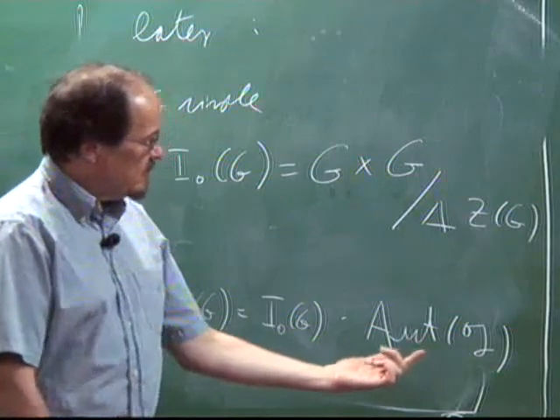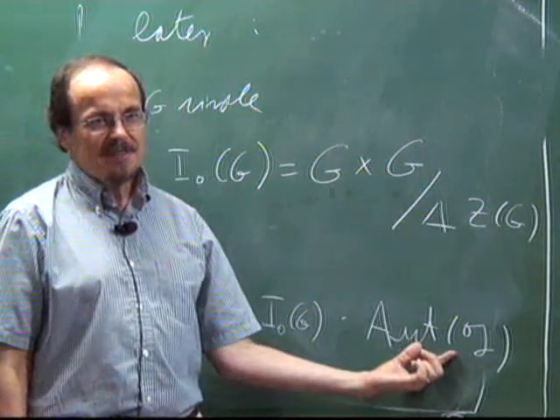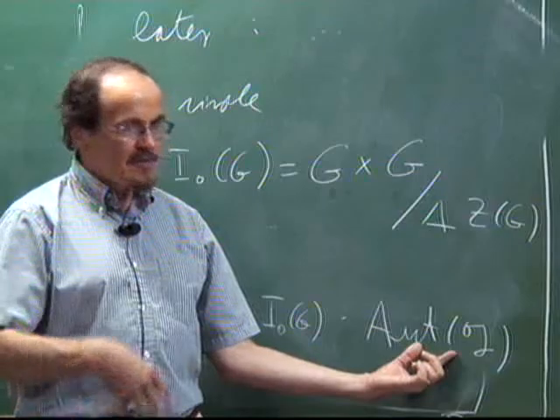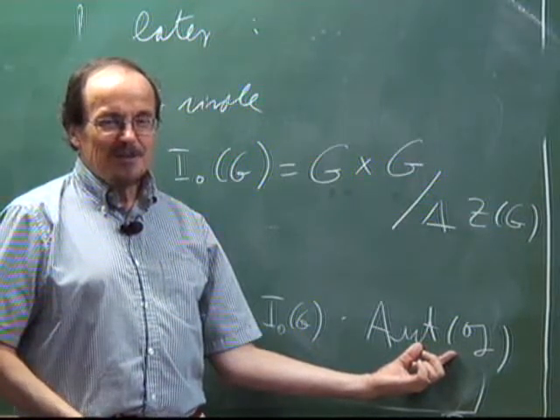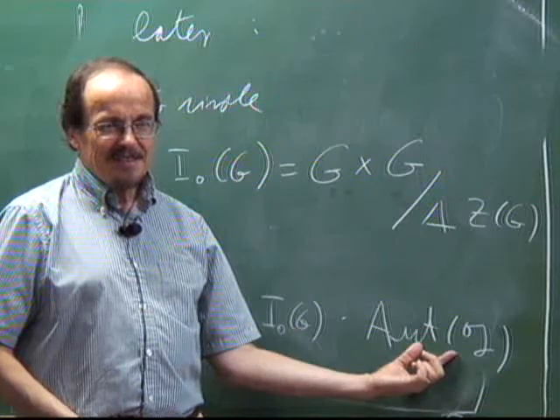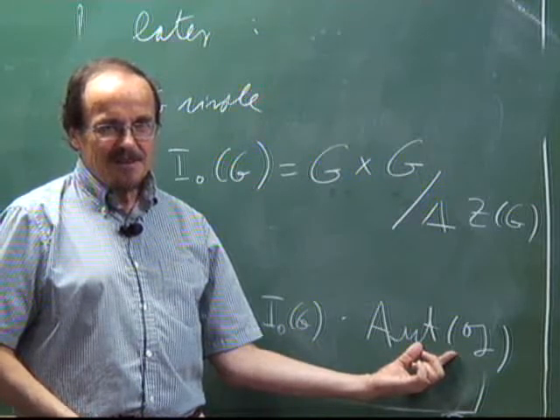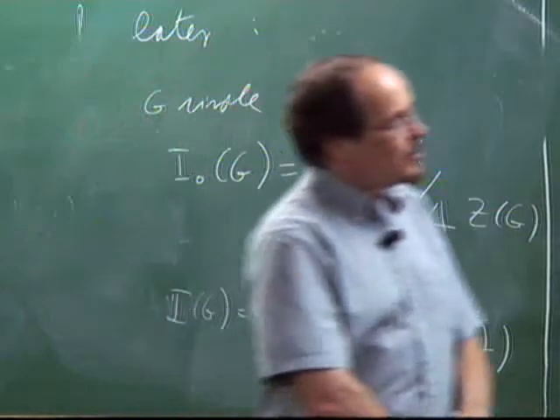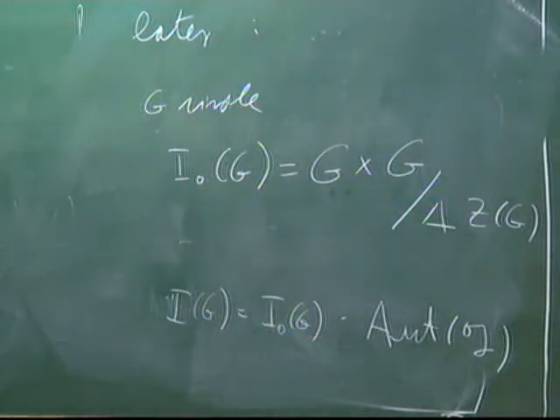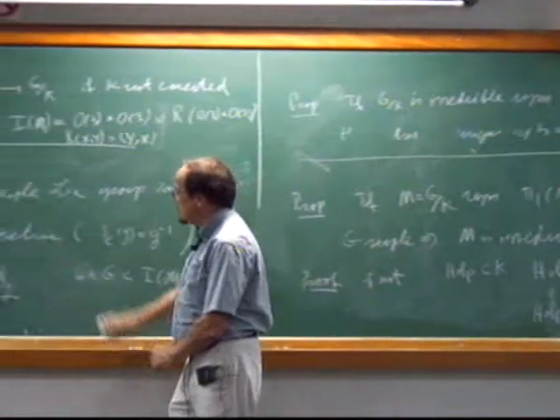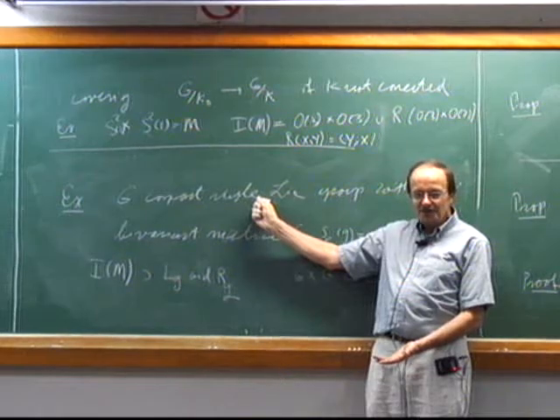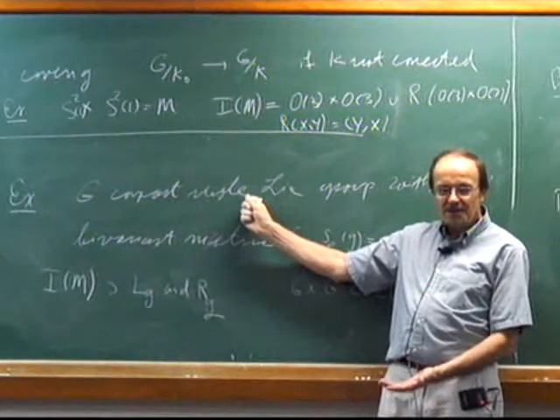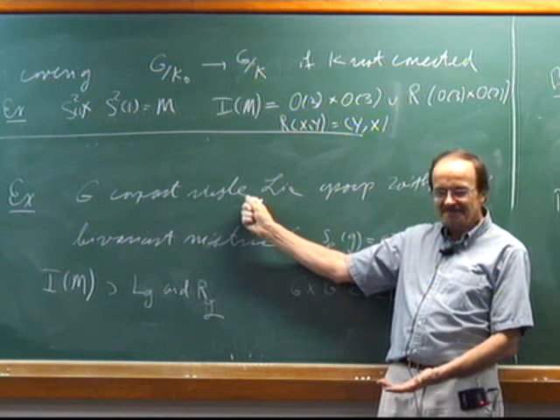An automorphism at least preserves the Killing form. An automorphism is an isometry of the Killing form. Well, is my bi-invariant metric a Killing form or not? And would the automorphism preserve that or not? I can now use what we just proved: my compact simple Lie group is an irreducible symmetric space. That means the metric is unique up to a constant. That means every bi-invariant metric must be a multiple of the Killing form.